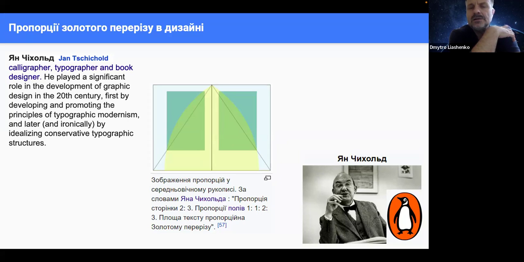In his opinion, the relation between different sizes of paper should also be parts of golden proportion.